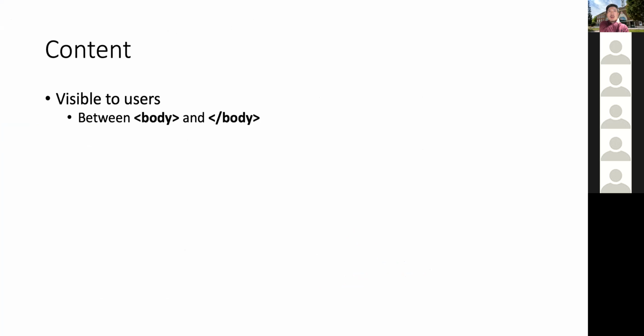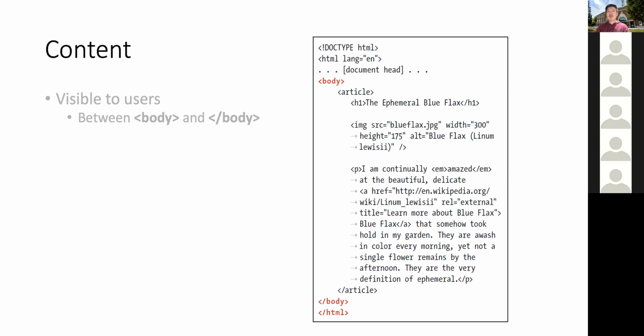Okay, and then we come to the content part, which is between the body tags. If you still remember the pages we saw early on, we had the doctype, the language, and then the head section, which is two angle brackets with head in the middle, and you have the start and end tag.